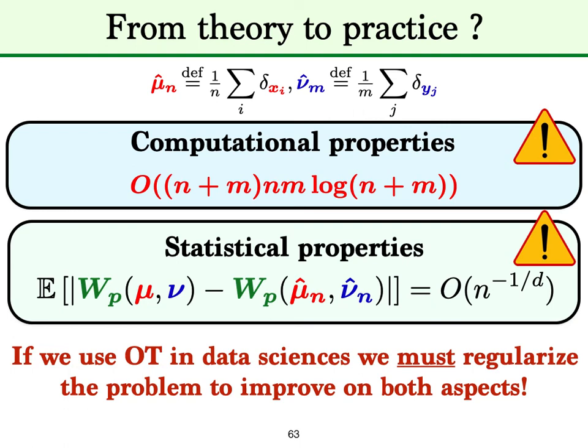Well, in fact, it's simply because people in applications of optimal transport usually do not stop at the linear programming formulation. They have been doing what I would call a regularization of the optimal transport problem.